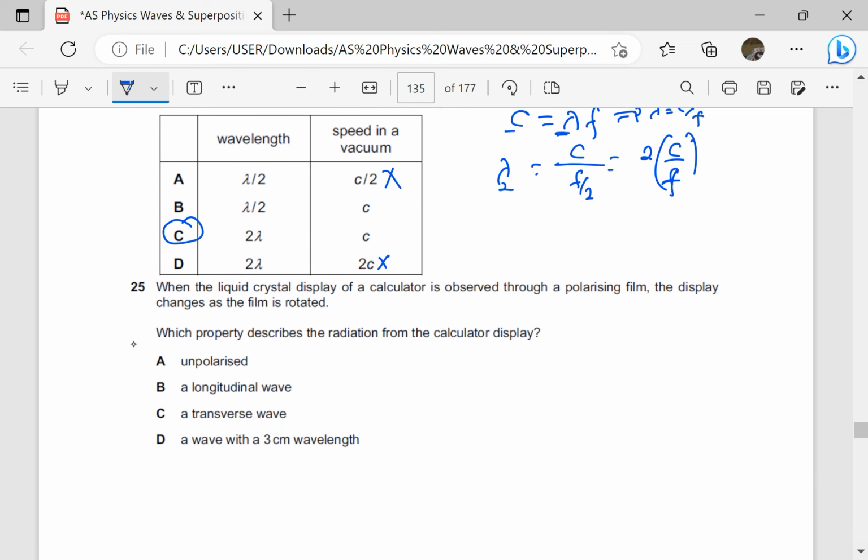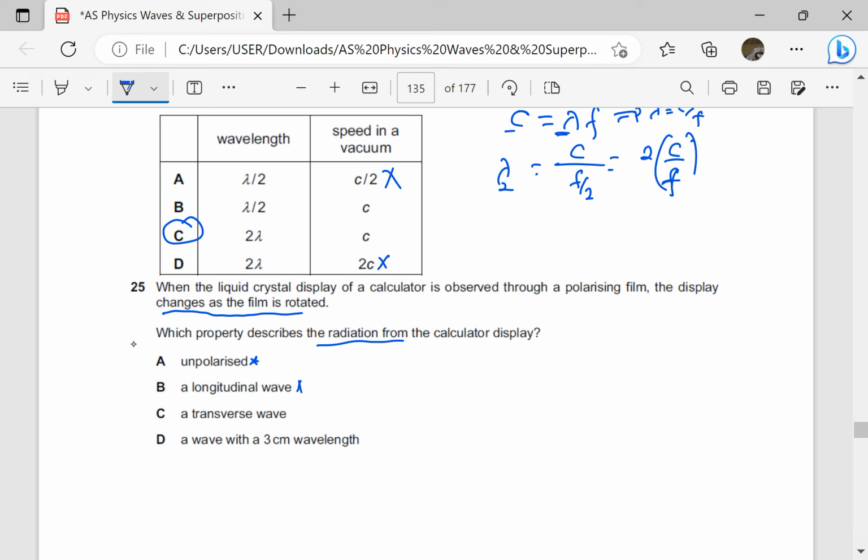When the liquid crystal display of a calculator is observed through a polarizing film, the display changes as the film is rotated. Which property describes the radiation from the calculator display? Unpolarized, they are polarized.